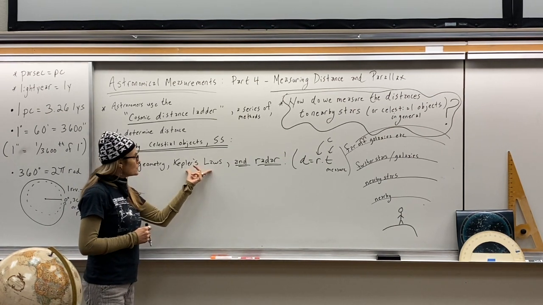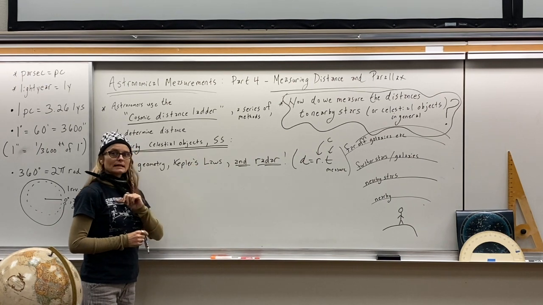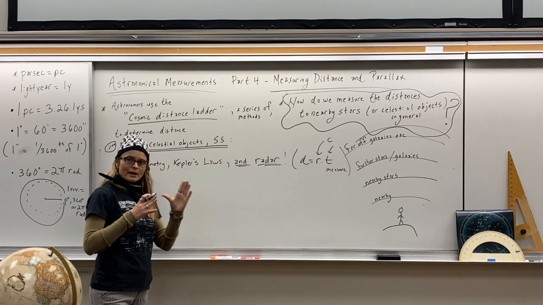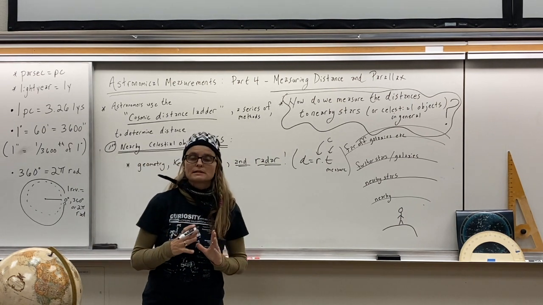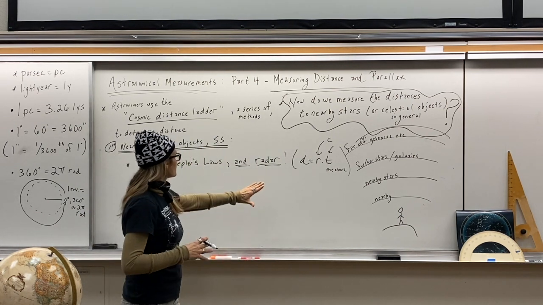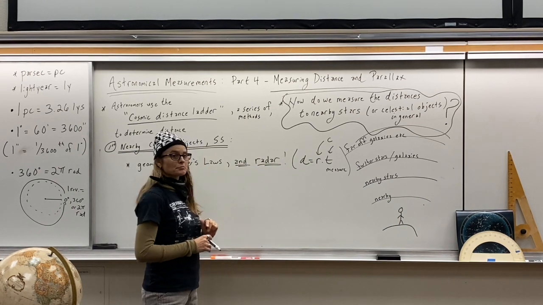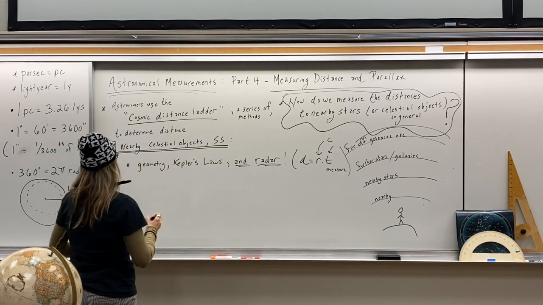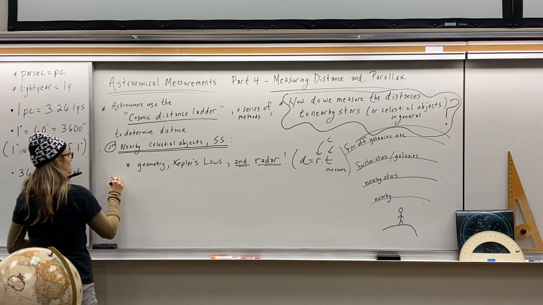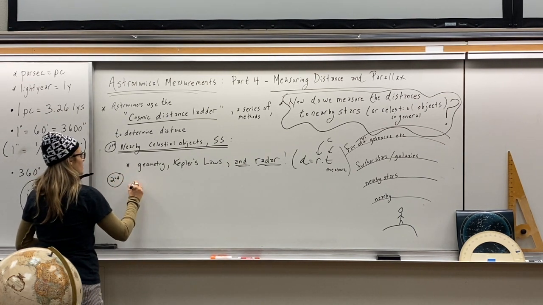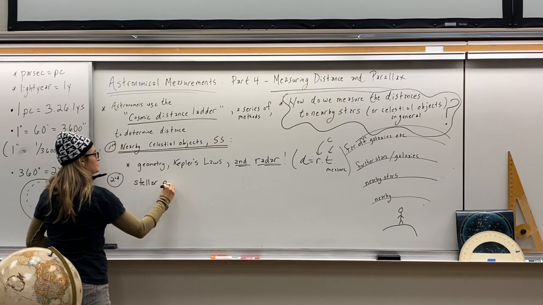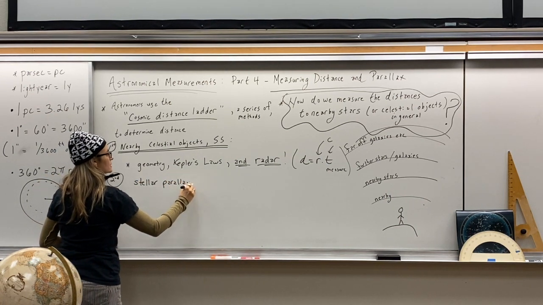So we use the orbital mechanics within Kepler's laws, and we use the ratio of different orbits in our solar system combined with the radar values to get precise measurements in our solar system. Okay, now the second one is the one we're going to look at, and this is called stellar parallax, and I'll go into more detail on that.